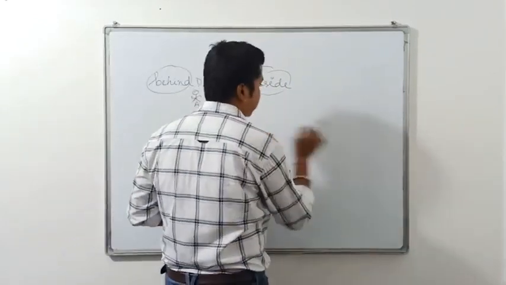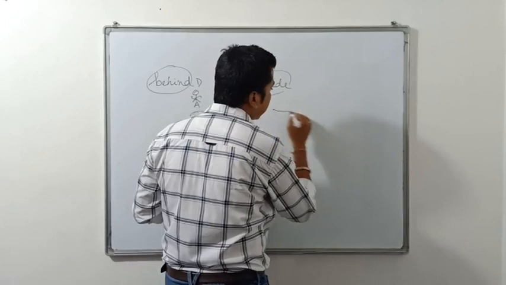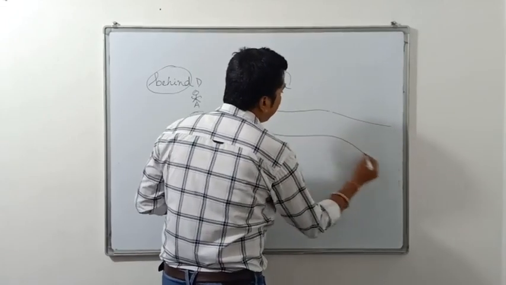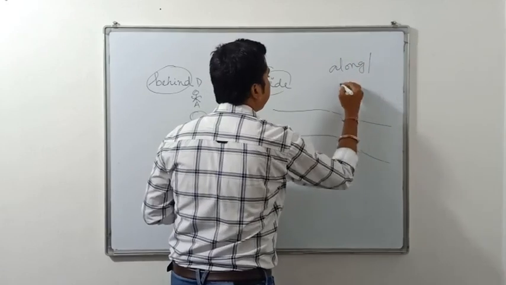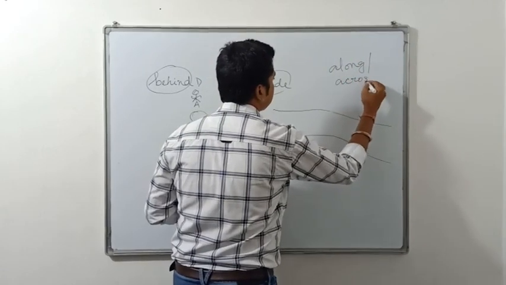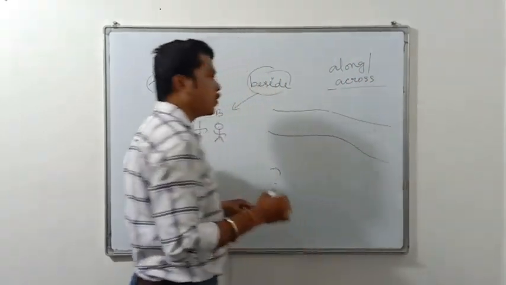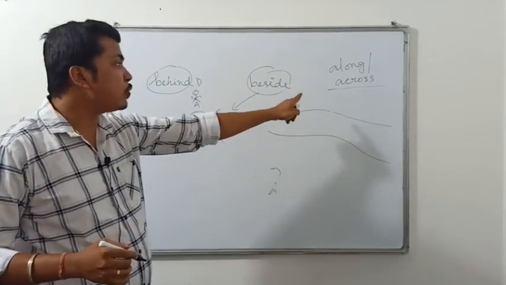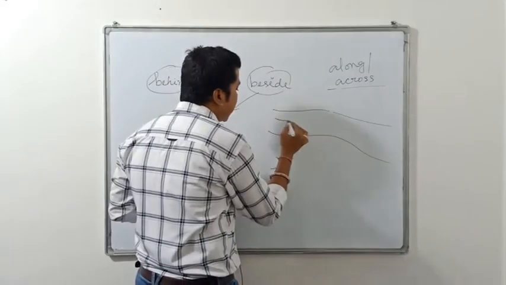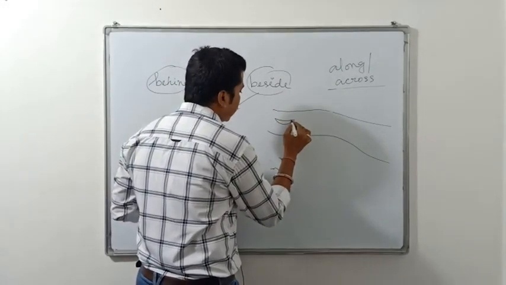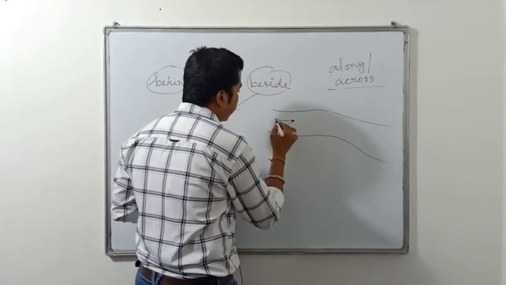Now next prepositional word, along, A-L-O-N-G, along and across. Now what is this? When to use along and when to use across? Suppose there is a boat. Okay, this is a boat.